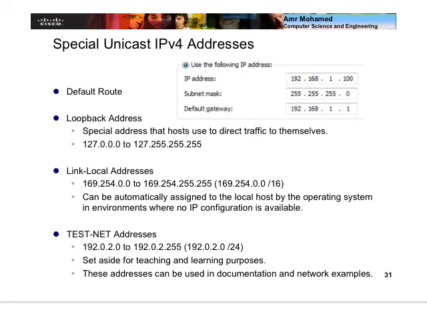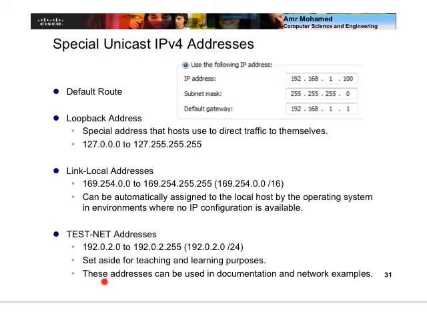So these test-net IP addresses are used for education and testing purposes. Whenever you are implementing a protocol for the first time, like a proprietary protocol, and you want to test it with real equipment or on a real network, you can use some of these IP addresses.